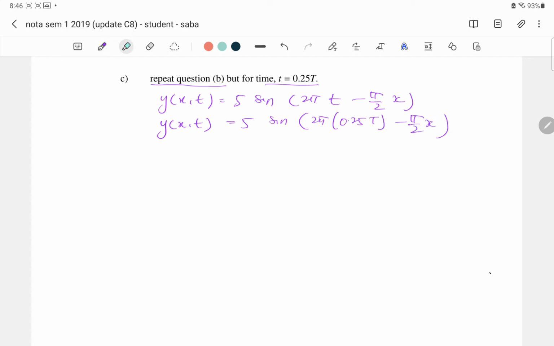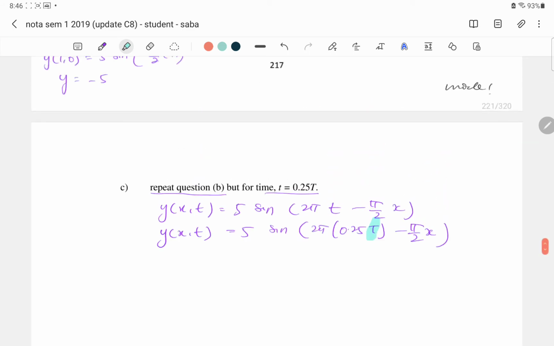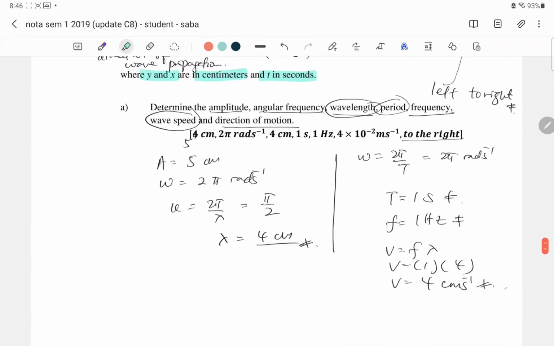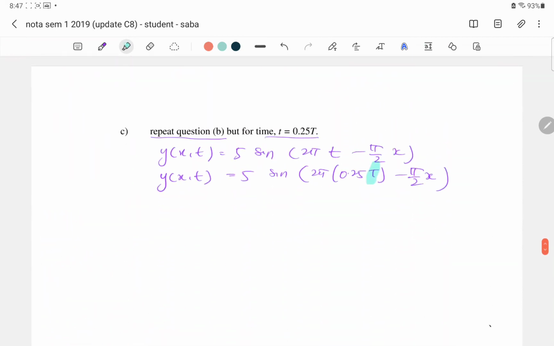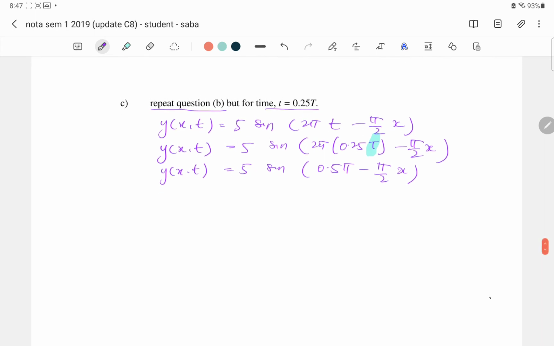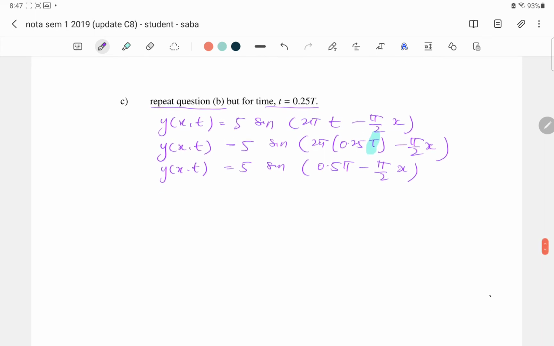So remember that this t, okay, kita tengok t dekat sini is equal to 1 second. Okay, t equal to 1 second. So you have y x t equal to sine 0.5 pi minus pi over 2x, because t is equal to 1. Okay, so di sini kita buat sekali lagi table.